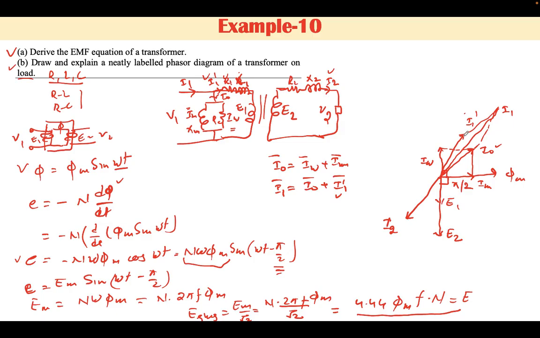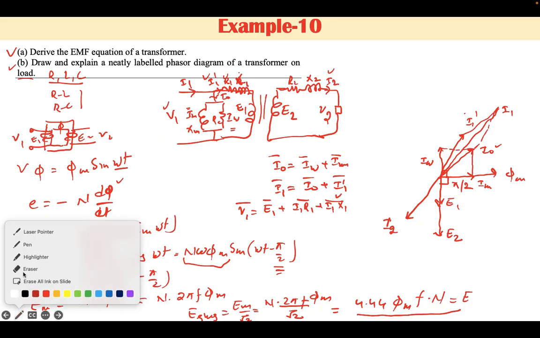If this is the phasor of I1 dash and this is the phasor of E1, by definition we know V1 is equal to E1 plus I1 R1 plus I1 X1, the phasor sum of these quantities. Because the applied voltage is V1, in this approximate equivalent circuit the total voltage will appear across these three elements.